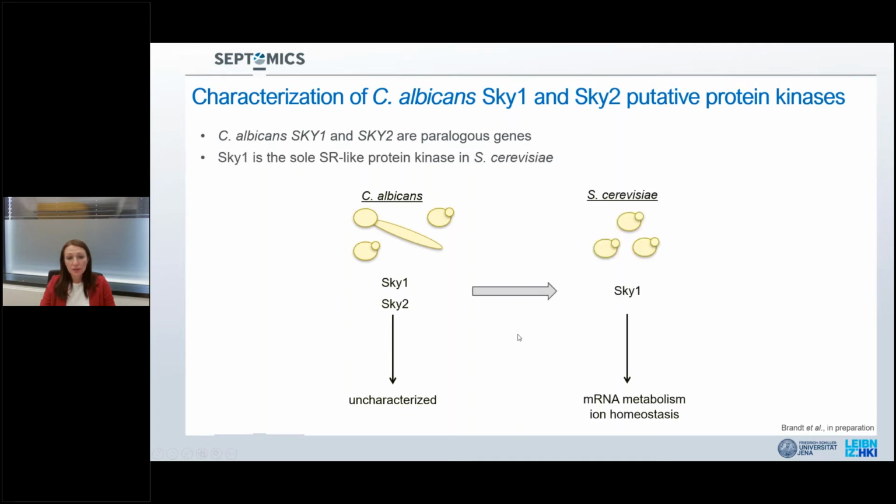However, in Saccharomyces cerevisiae, to which these kinases are orthologous, SCY1 is the sole SR-like protein kinase in the species, where it is involved in processes such as mRNA metabolism and homeostasis. Of note, SR protein kinases in humans control essential cellular processes such as alternative and constitutive splicing.